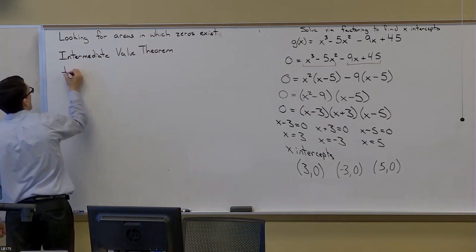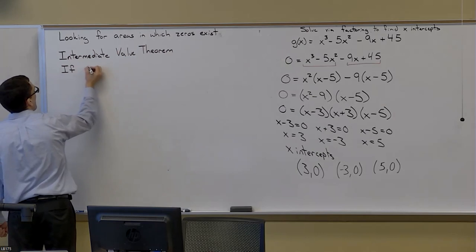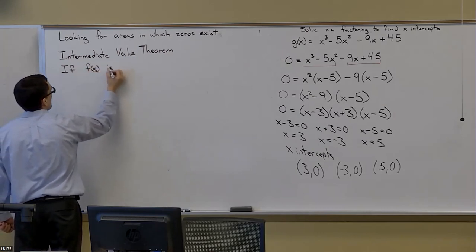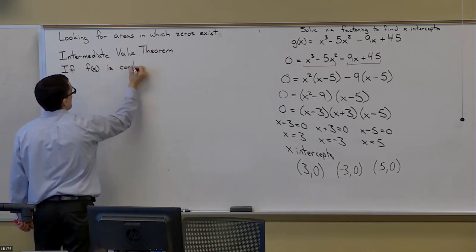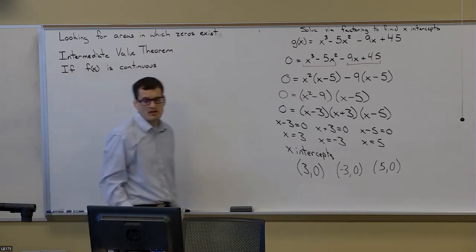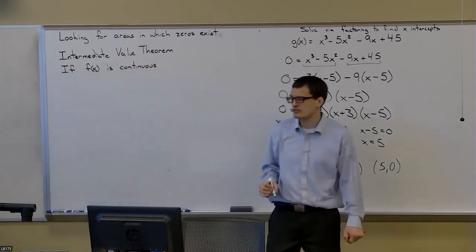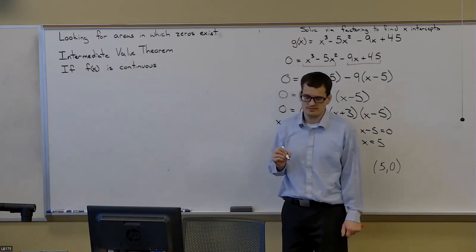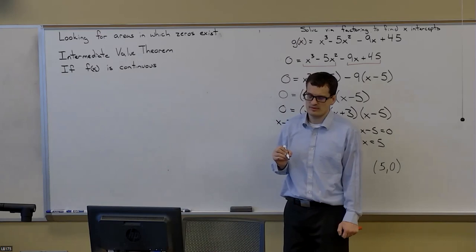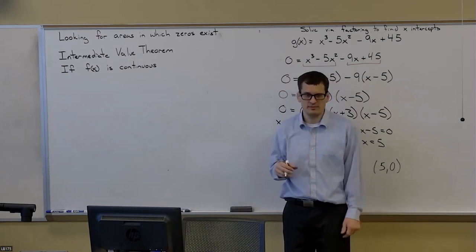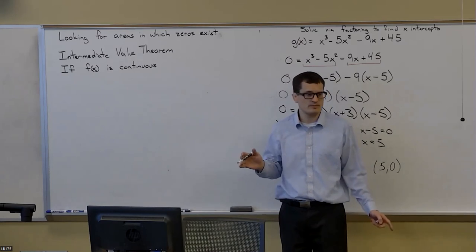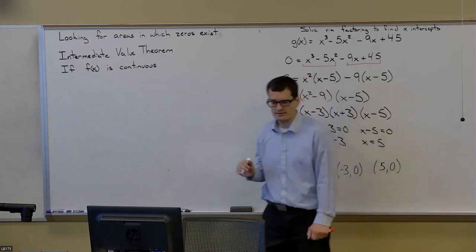It says if I have a function, we'll call it f of x, that is continuous on a certain interval containing a and b, I'm not gonna go into all that stuff, but let's just imagine it's continuous everywhere, because that's what we need here.